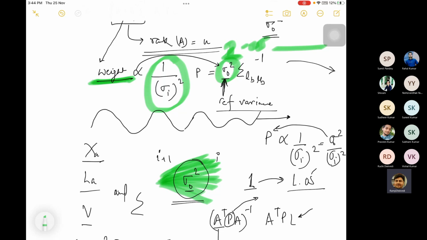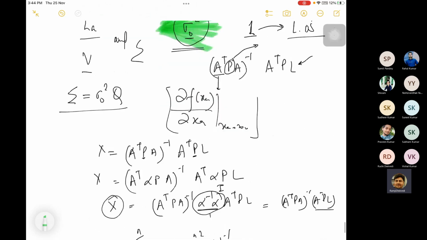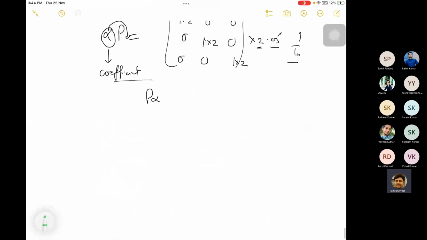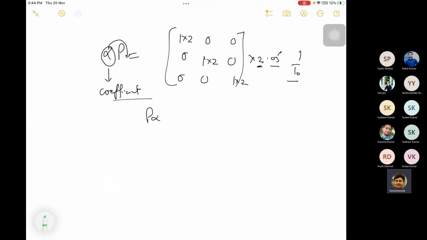That's what I'm telling you by explaining this through placement or deriving it by certain placements. Okay, so the role of sigma naught square is very important, because this will change the whole picture. So it will improve the condition of the matrix.